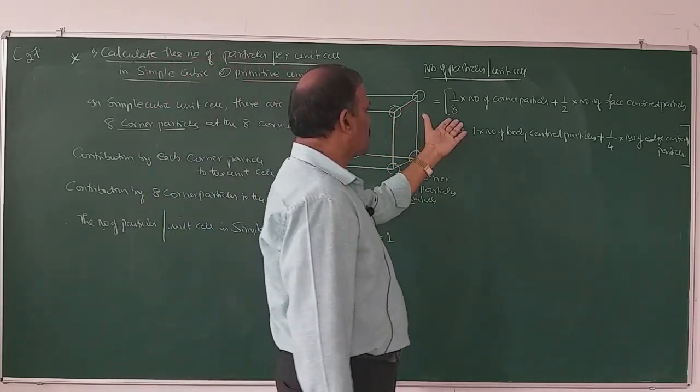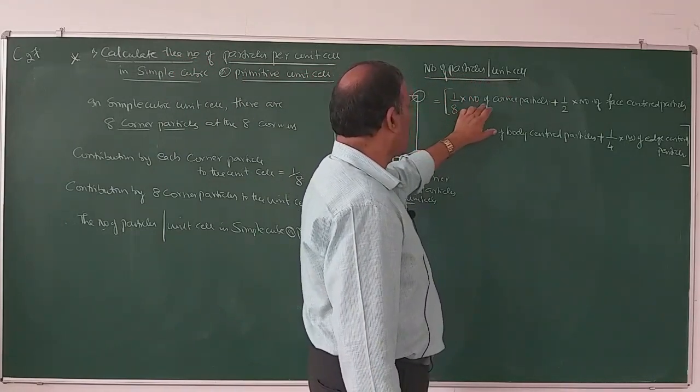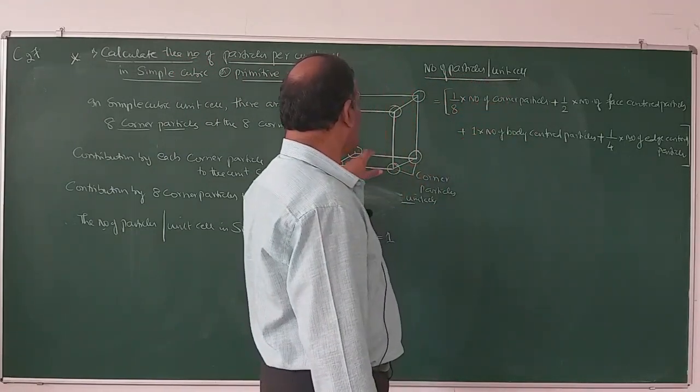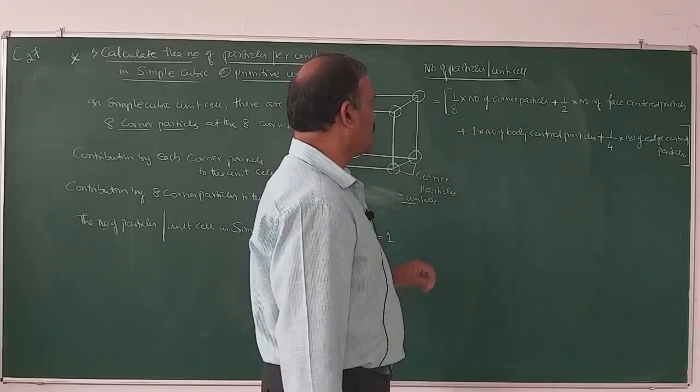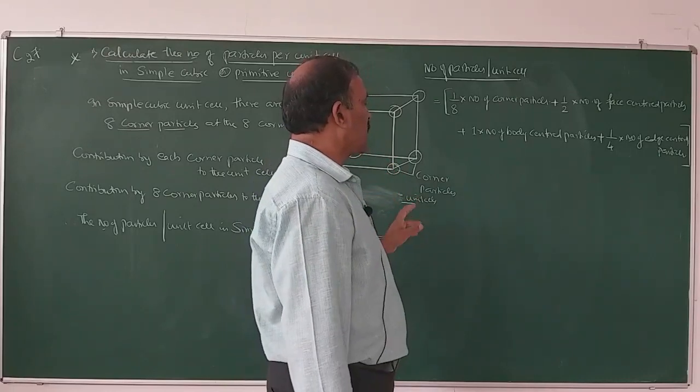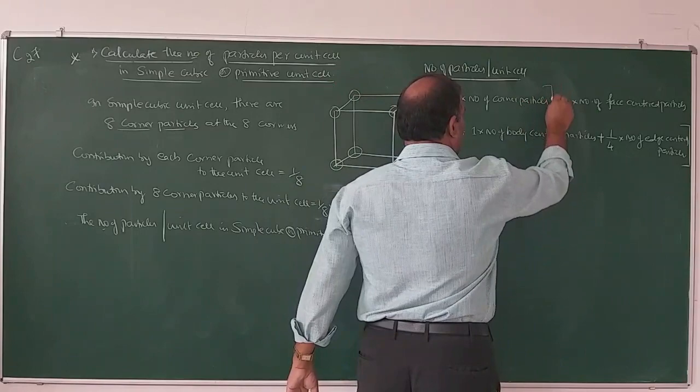So you can use this formula also. Number of particles per unit cell equals 1 by 8 into number of corner particles, which is 8. So here there are no face centered particles, no body centered particles and no edge centered particles. So the formula ends here.